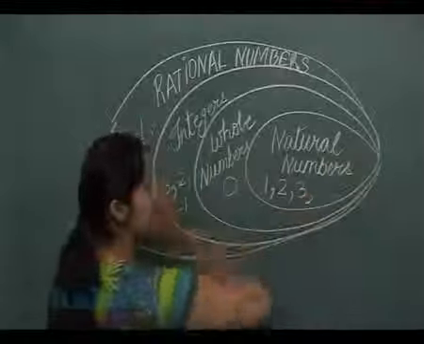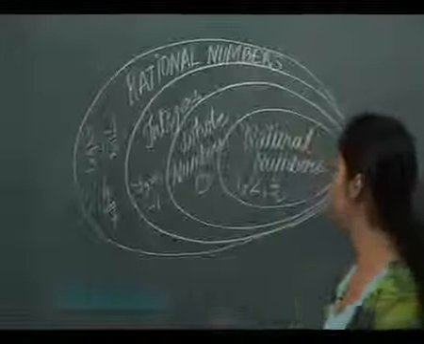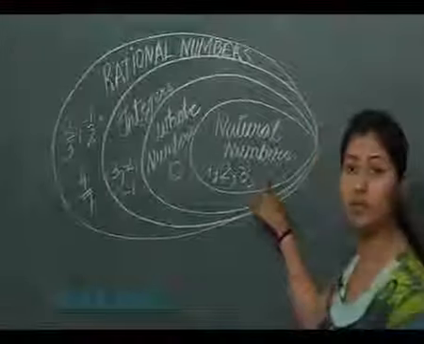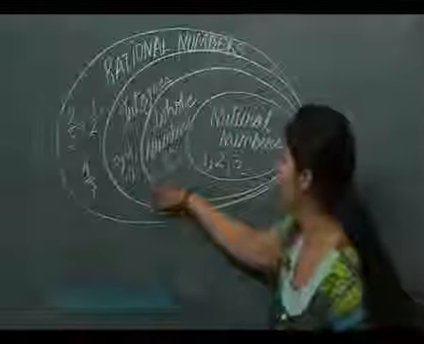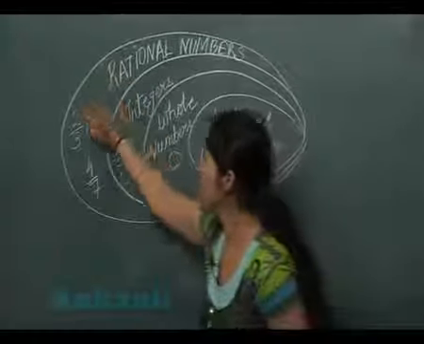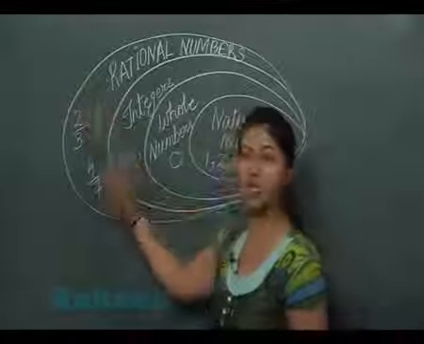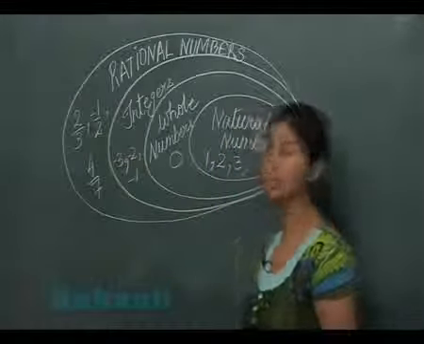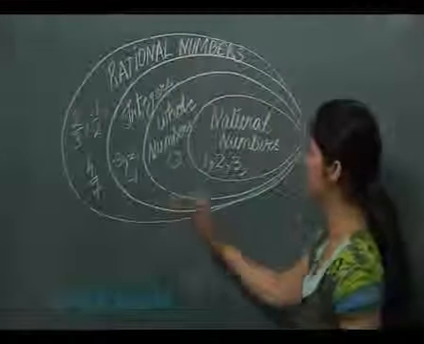So this is my set of rational numbers, which contains natural numbers, whole numbers, integers plus numbers of the form p by q. Is this thing clear to you? So this is my set of rational numbers.